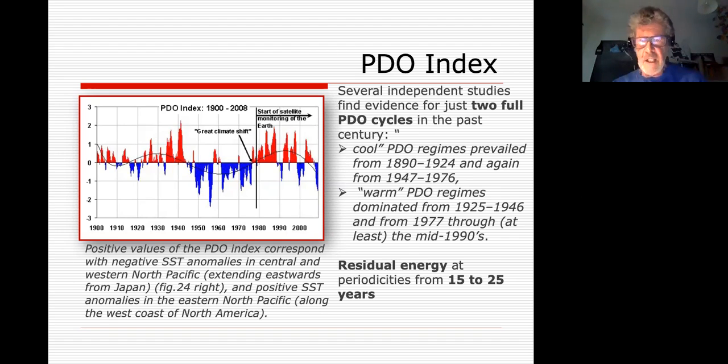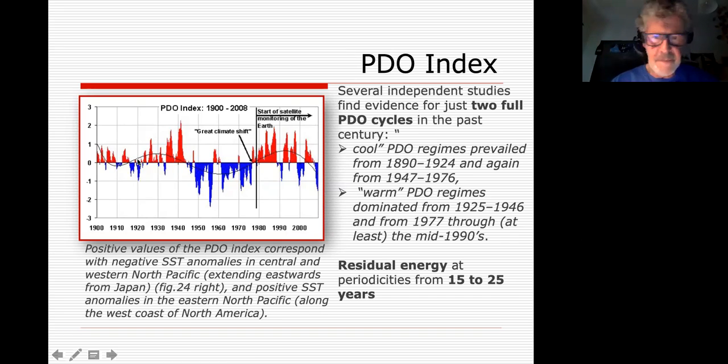And the cool PDO regime prevailed from 1890 to 1924, which is more or less here. Then you have a warm period from 1925 until 1946.